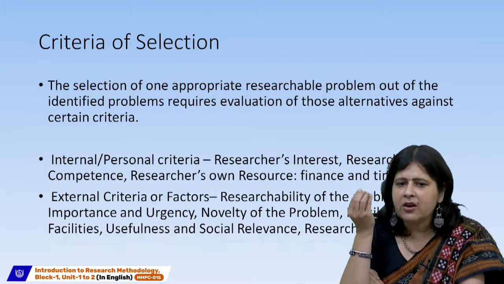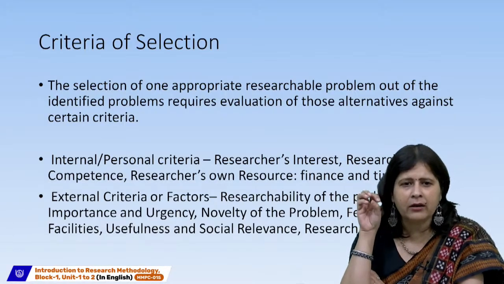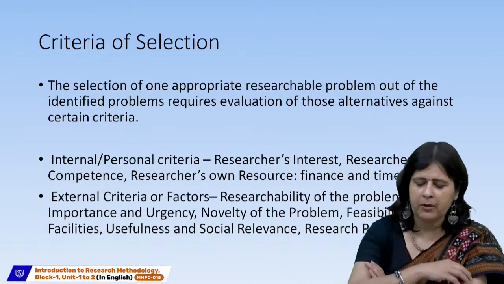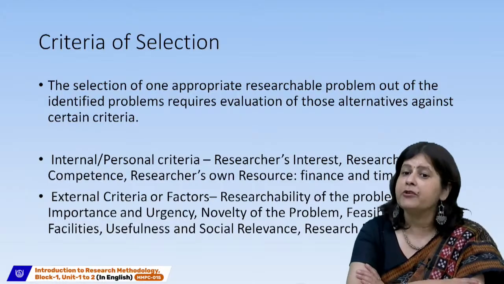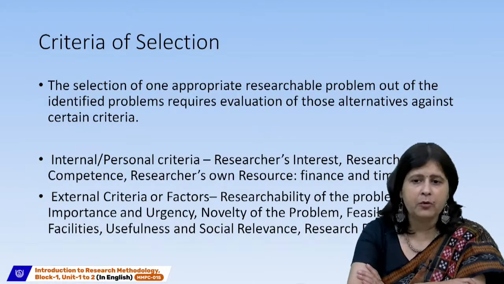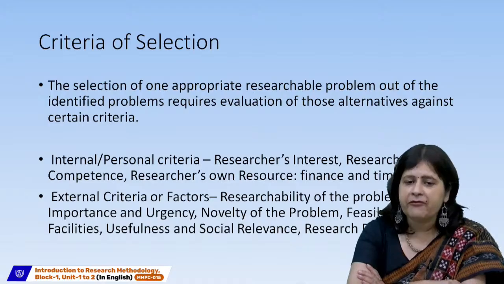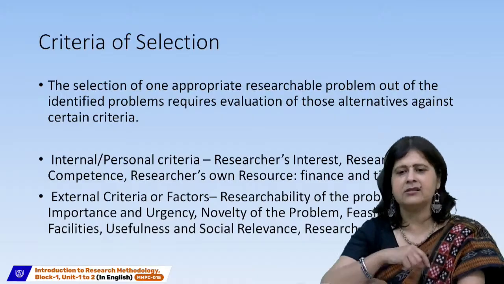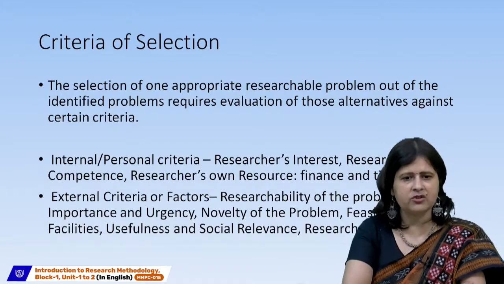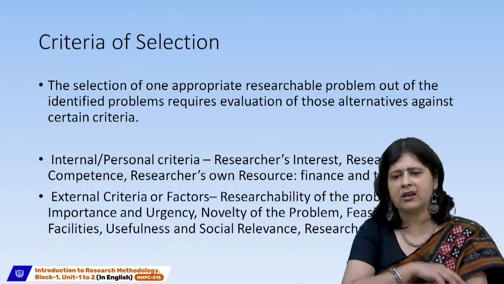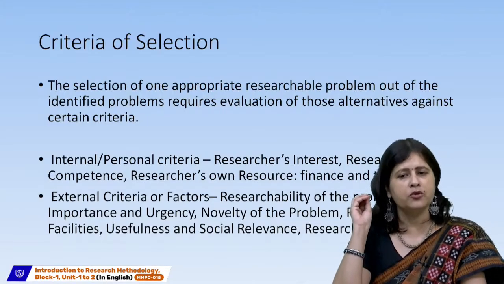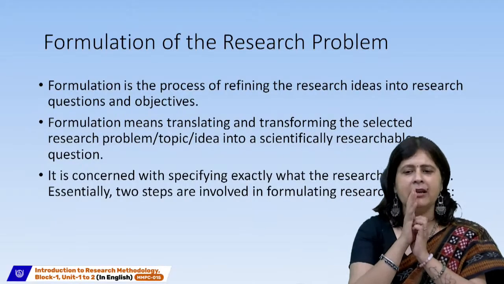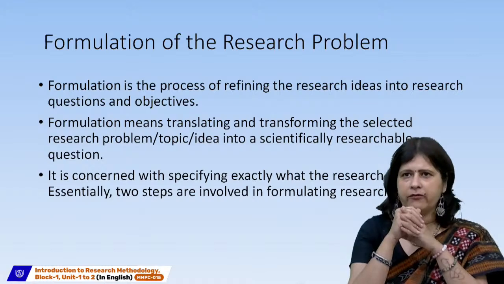Then the importance and urgency of the problem, novelty of the problem, feasibility, the facilities, usefulness of the problem, social relevance, and the research personnel required. These are the external criteria. On the basis of these criteria, we select the most appropriate research problem. So, this is the identification of the research problem.